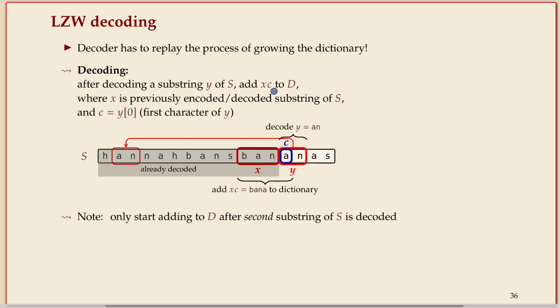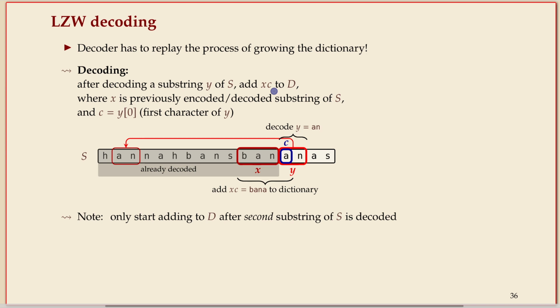But now, because we're lagging one step behind, x is the previously decoded thing, right? Remember, we can only store the new thing to the dictionary once we know what it is. The encoder encoded one step and then added that thing to the dictionary. In the decoder, I can't really do that. I first have to decode the thing before I can add it.